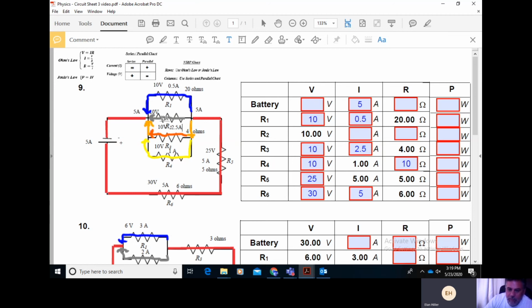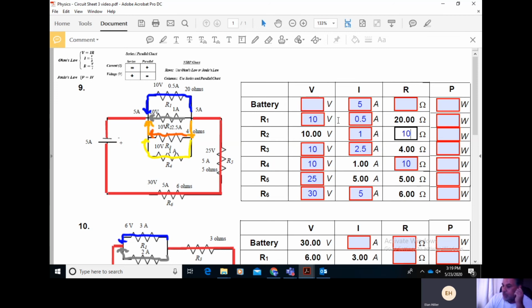Okay, so now if we start adding some stuff up here, 2.5 plus a half is 3 amps, plus 1 amp is 4 amps. That means the remaining amount of gray current has to be 1 measly little amp. So again, we can figure some stuff out by using our rules. If that's 1 amp, 10 volts divided by 1 amp is 10 ohms. We have almost everything figured out.